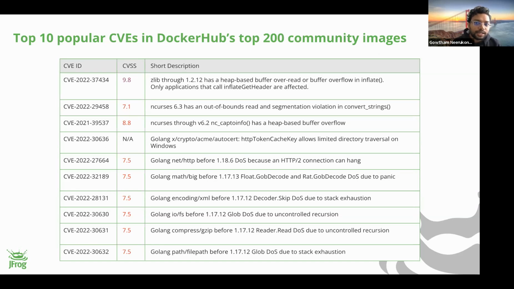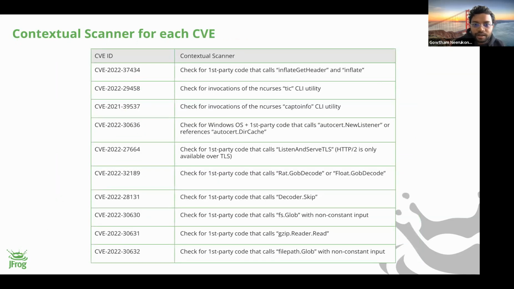Out of those 200 Docker images that we analyzed, we picked the top CVEs in terms of occurrences as well as popularity and severity. These are the top 10 CVEs that we have identified. Now, when the actual instigators were analyzed for each of these CVEs, we found that our contextual analyzer, or the scanner, was able to immediately flag the following conditions according to the three main instigators that we have evaluated.